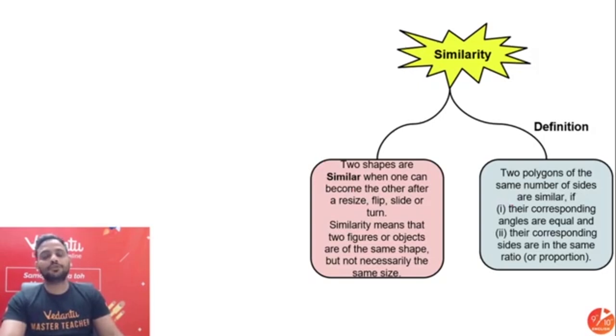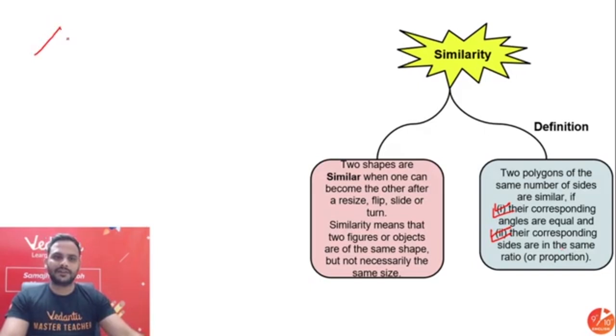So if we talk about two triangles, the important thing is if two triangles are similar, all corresponding angles will be equal and all corresponding sides will be in the same ratio. Not equal, same ratio. For example, let us say we have these two triangles, ABC and PQR.